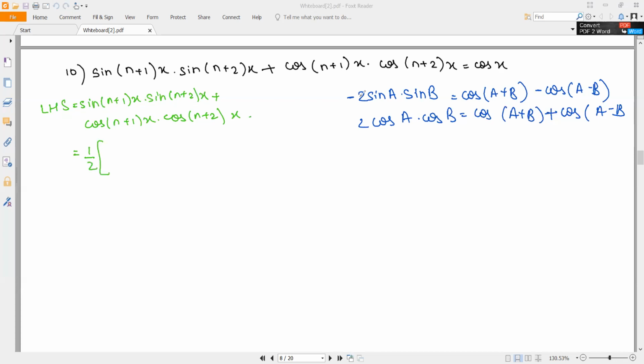Sin A into sin B, I'm taking minus 2 over here, 2 outside, and minus will interchange these two terms. So we have cos of A minus B, A is n plus 1 into x minus n plus 2 into x, minus cos of addition of two values n plus 1 into x plus n plus 2 into x.